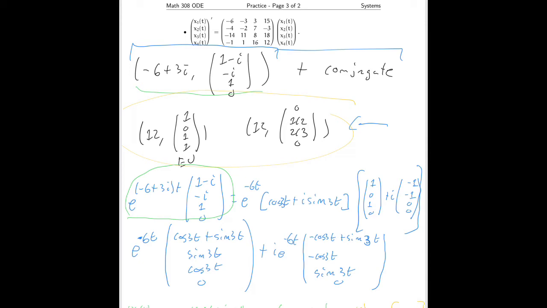And I just realized I wrote it down wrong up here. This is 1/3. So let me rewrite that. This is 1/3 and this is 2/3.